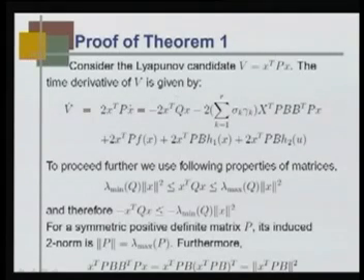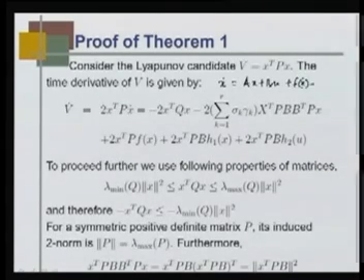The time derivative of V is given by V dot is 2 x transpose P x dot. And my x dot, as I have already told you, is A x plus B u plus f x plus B h 1 x plus B h 2 u.